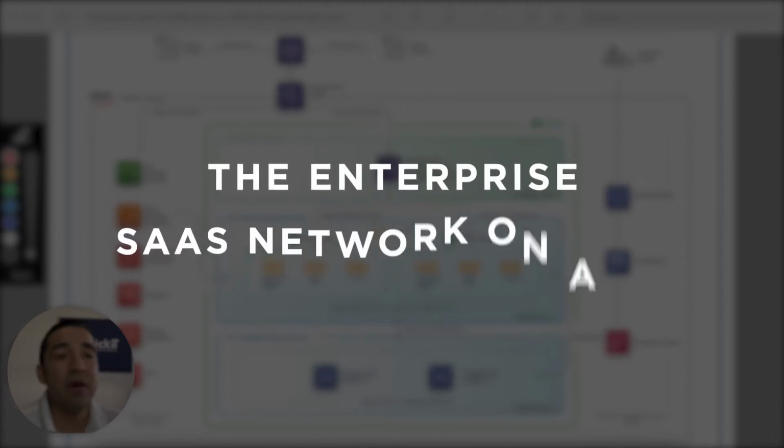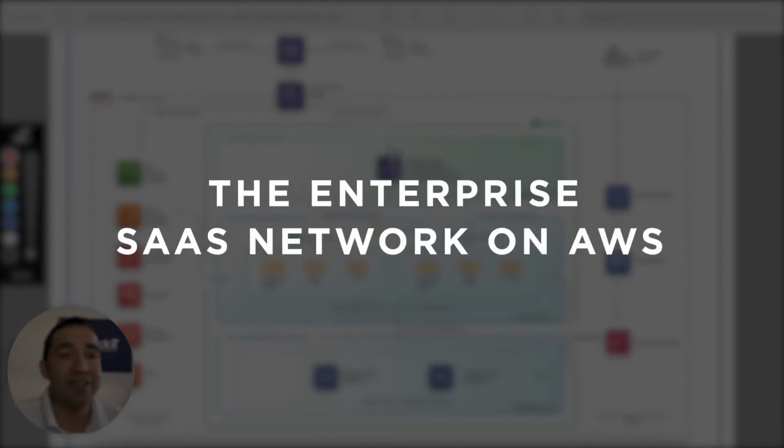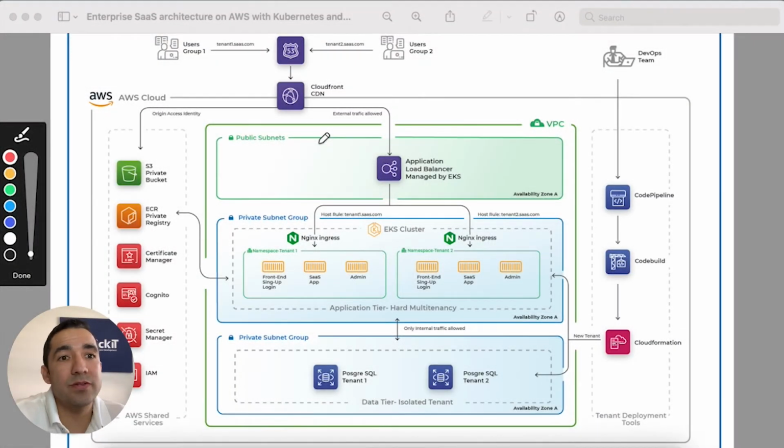Now let's talk about the SaaS network. As you know, as a best practice, Amazon requests you to have a public subnet and a private network. In the public subnet, we will hold the ALB, and in the private network, we will have the AKS cluster, the namespaces, microservices, and also we will have another private network which we'll call the databases.